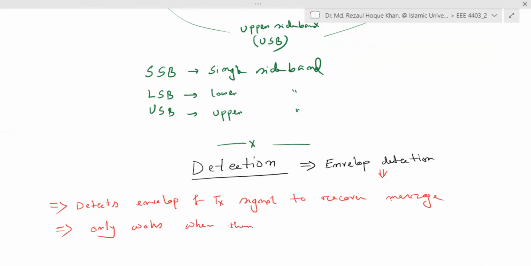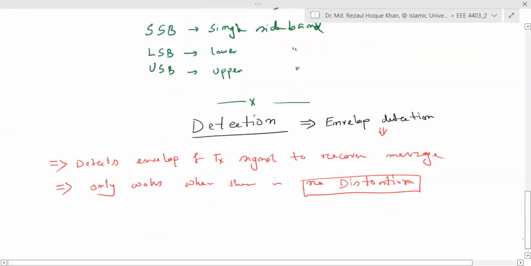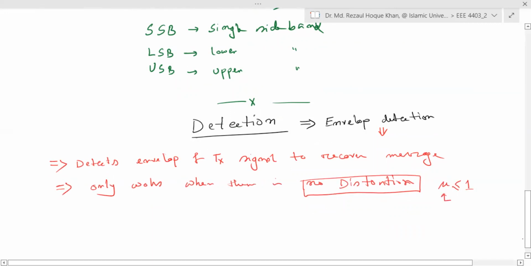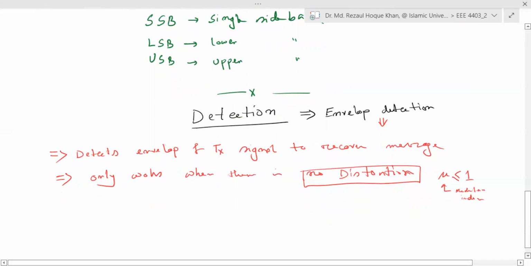Why does distortion happen? Because of overmodulation, which we have seen earlier. If there is no distortion, then envelope detection works, which means mu should be less than or equal to 1, where mu is the modulation index. So let us see how this detector circuit works.